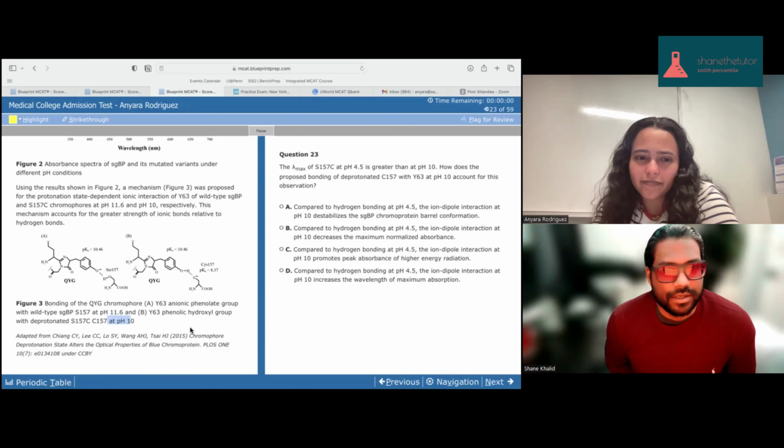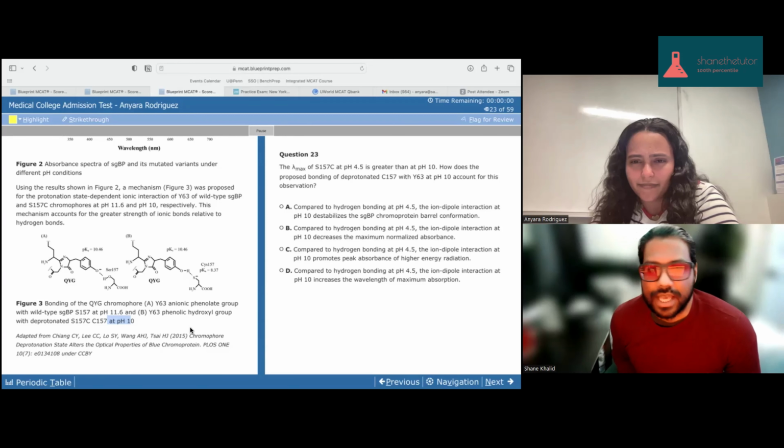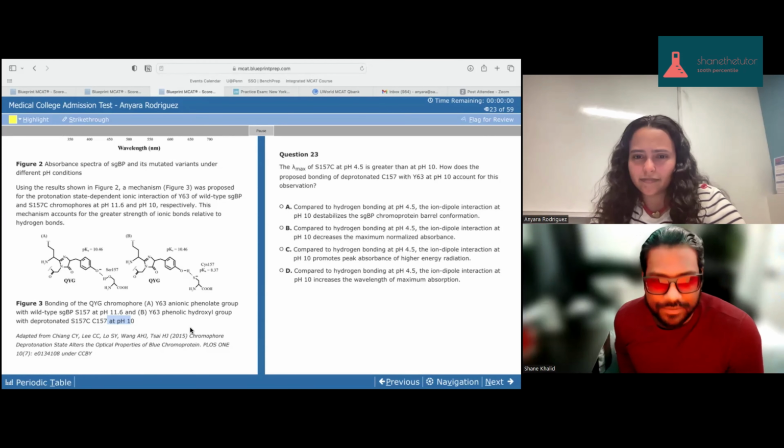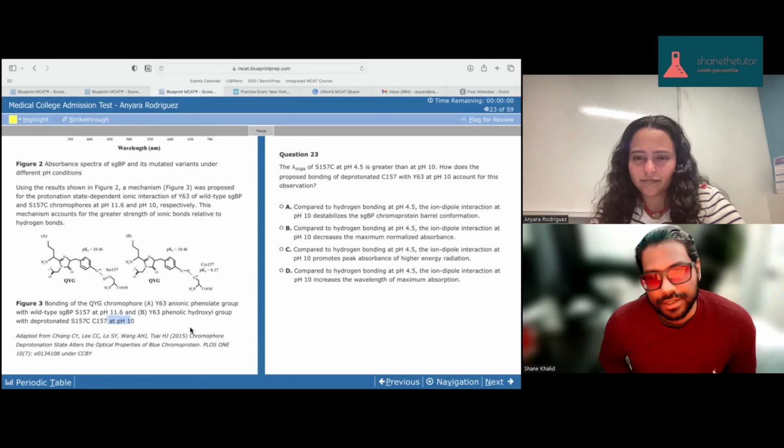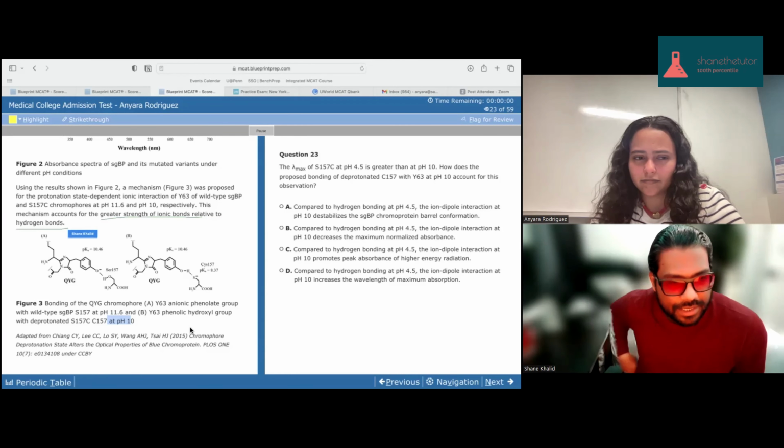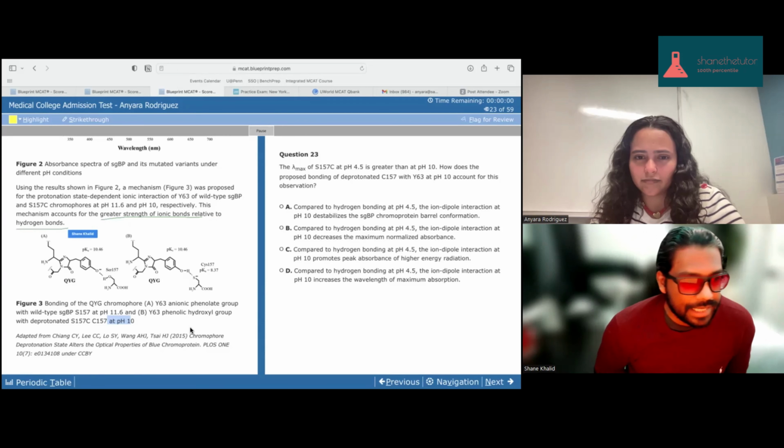So if they're saying that the lambda max is greater for this at pH 4.5 than at pH of 10, they told us that that was dependent on the ionic interaction relative to the hydrogen bond, right? And they said that the strength of the ionic bond is more than the hydrogen bond, right?